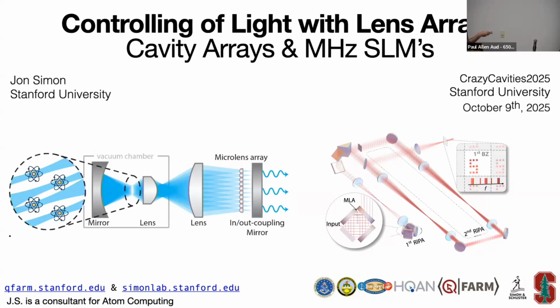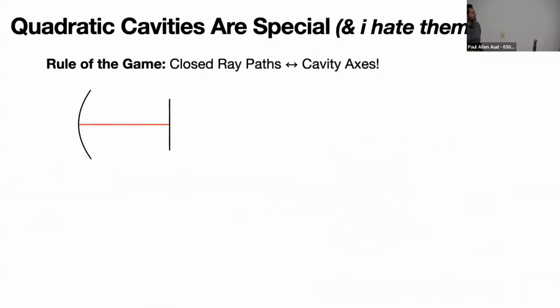This may seem like a little bit of a weird topic for a cavity workshop, but I think the thing that's sort of interesting is that it comes from a unified perspective on optics. And so what I wanted to do was sort of riff on what Dan said.